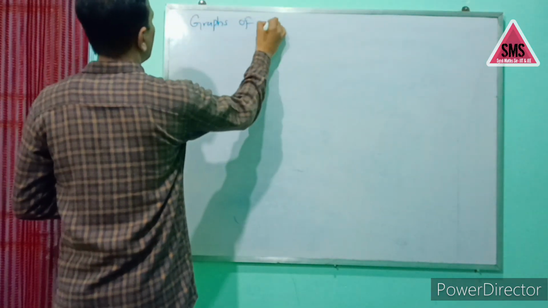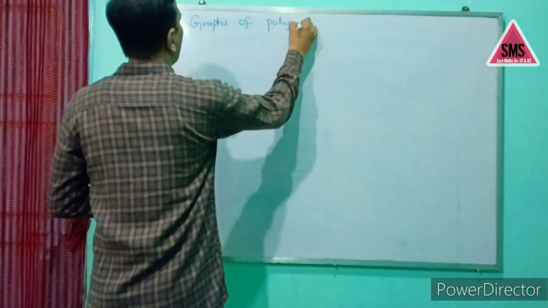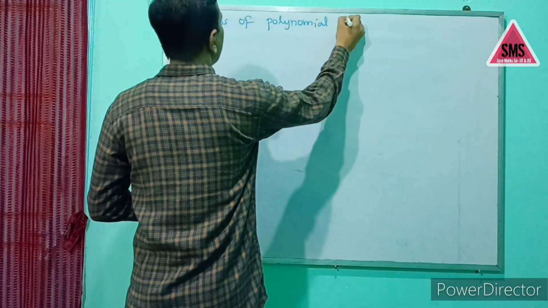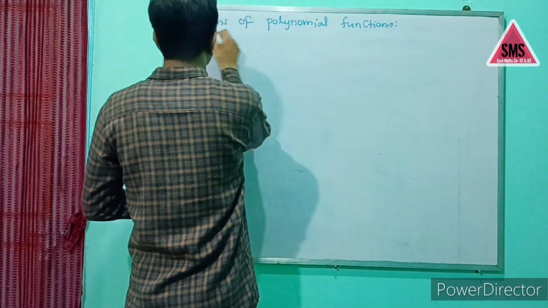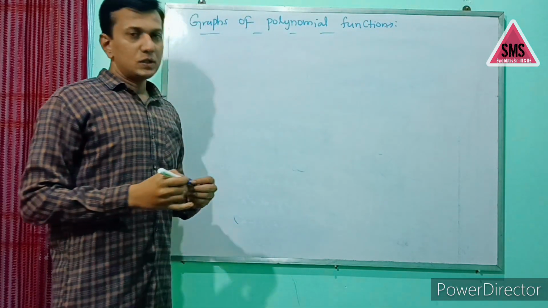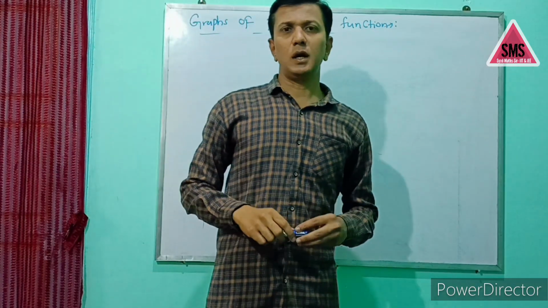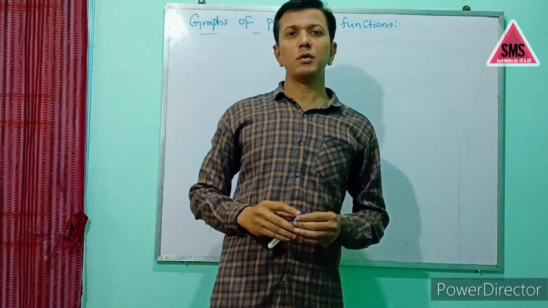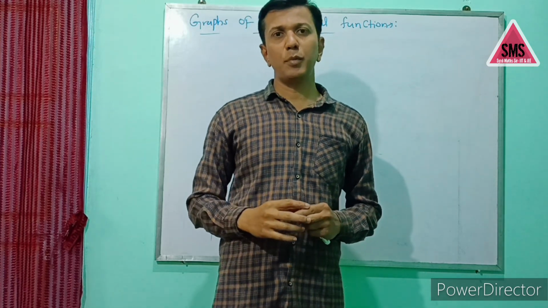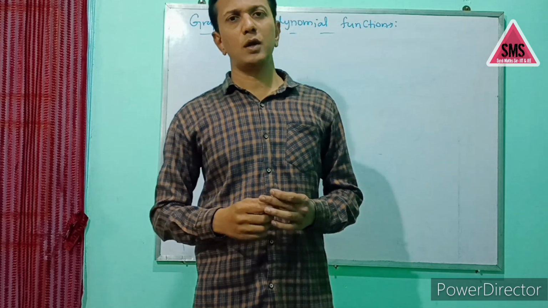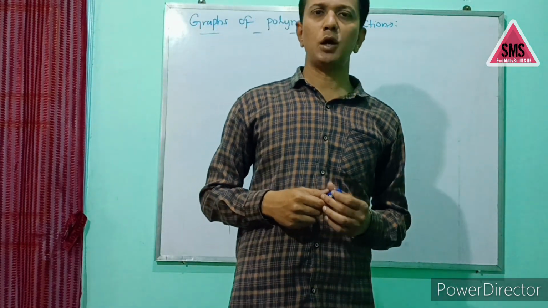Graphs of polynomial functions. So what is this graph of polynomial functions? Already we came across in the starting video, what is the nature of graph of a linear polynomial? It is a straight line. Quadratic polynomial, it will be a parabola.